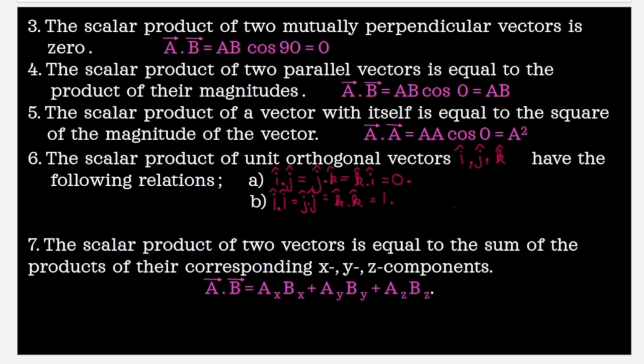Seventh property. The scalar product of two vectors is equal to the sum of the products of the corresponding x, y, z components, that is A vector dot B vector is equal to ax bx plus ay by plus az bz.